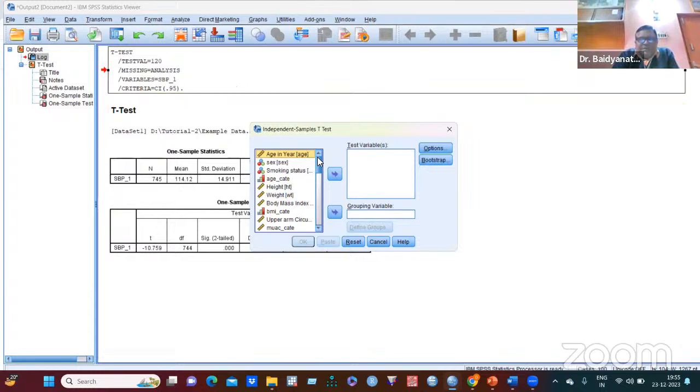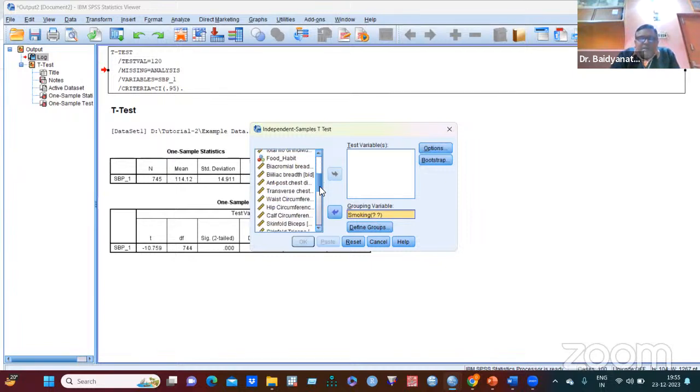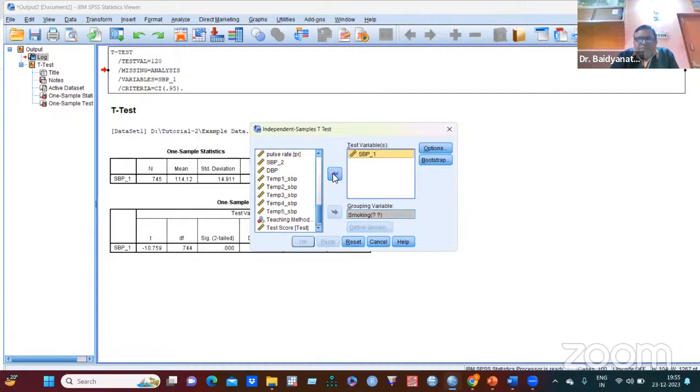Two groups means male and female, maybe one grouping. Smokers and non-smokers also, smoking status, that is another grouping. Suppose I put smoking status here as the grouping variable, and my target variable is systolic blood pressure.